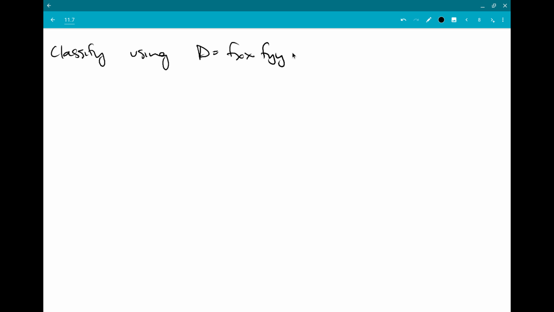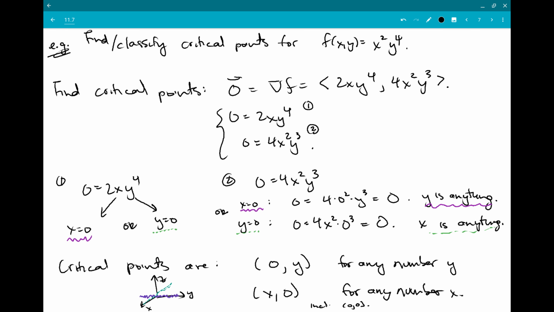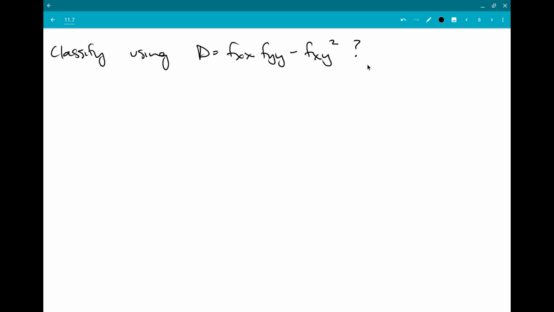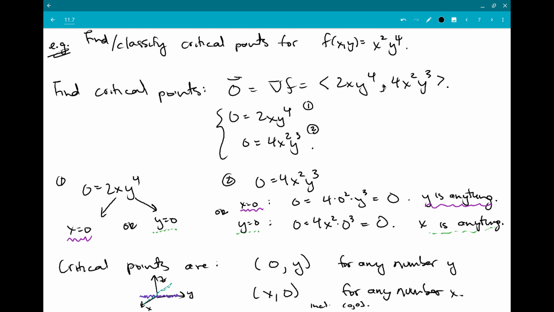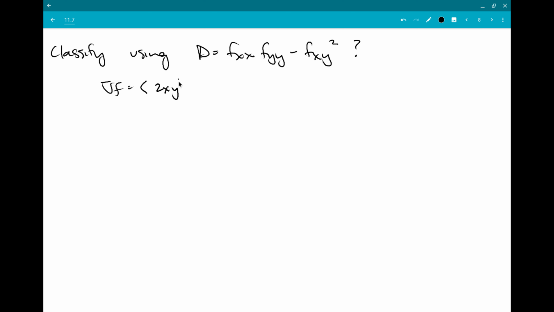But the way I've solved it every other time is I've calculated D and then plugged stuff in. So I have something to plug in. Maybe if I compute D, things will work out. So my gradient of f was 2x y to the fourth, 4x squared y cubed.